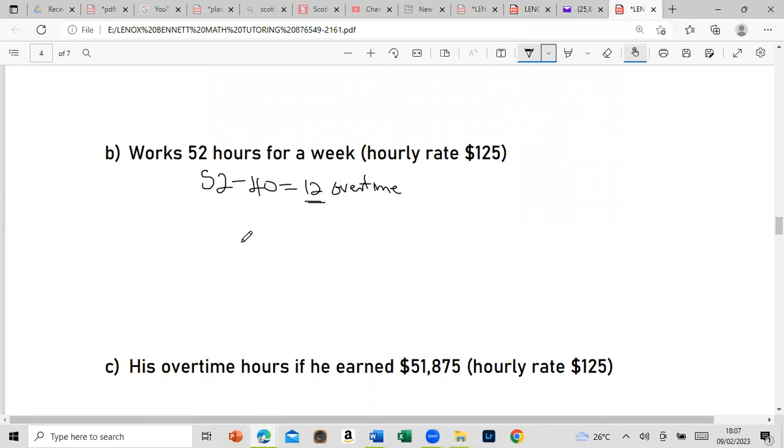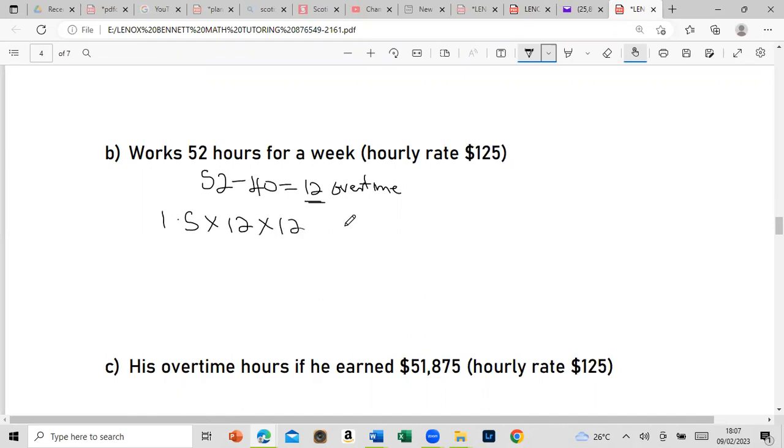The next thing to do is to find the overtime wage. What you would do is multiply the time and a half, which is 1.5, by the hours, which is 12, and then by your basic rate, which is $125.